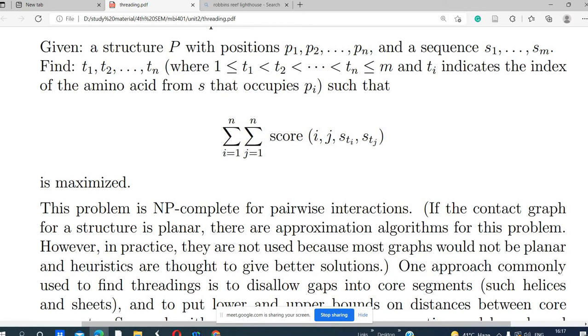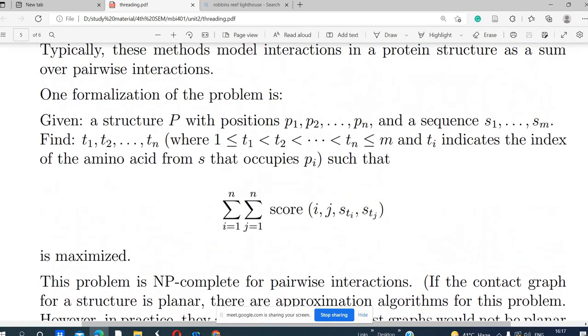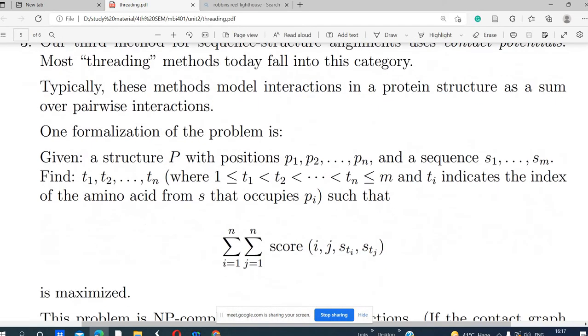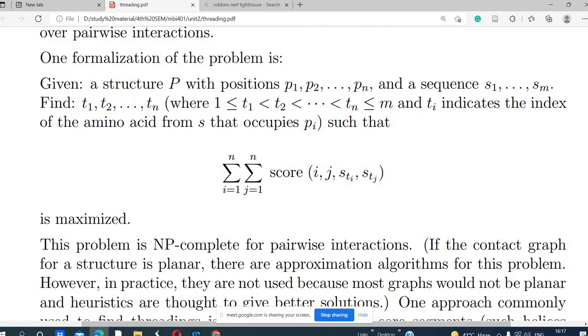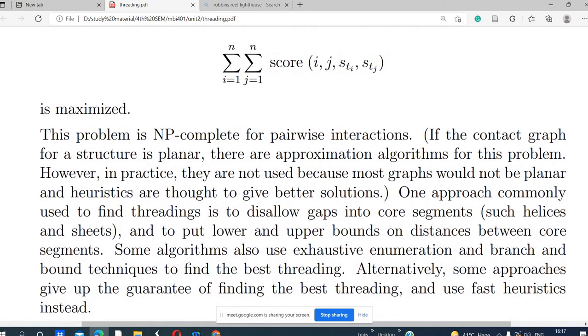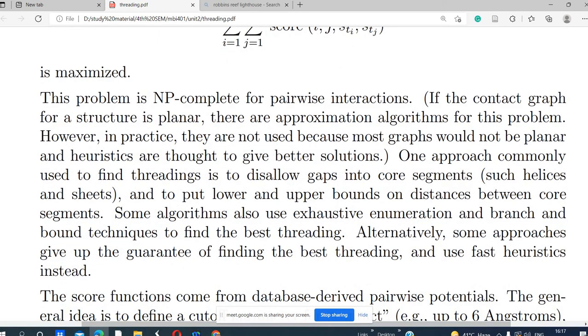At a particular position, they are aligning with each other or not. So this is called the contact potential method. Whether the two amino acids are in the same position or not, in contact or not. So it is calculated and maximized. This problem is NP complete for pairwise interaction.